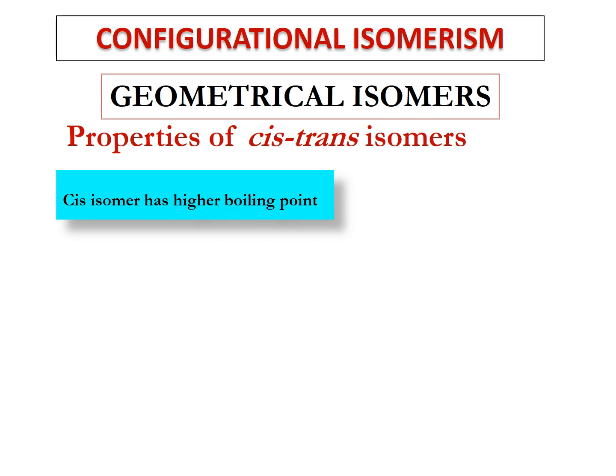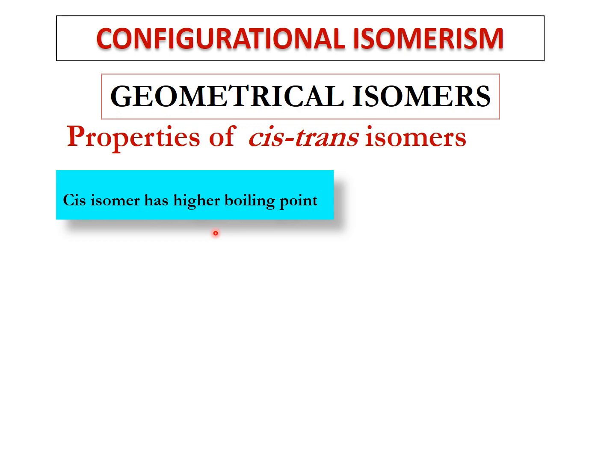Cis isomer has a relatively higher polarity as compared to that of the trans isomer, because as you saw in the previous example, the CH3 groups were on the same side, so the dipole moment is enhancing, the same for the CH3 group, so it is being enhanced, and so the dipole moment is higher, the polarity is higher, and that is why the dipole-dipole interactions are higher, which makes it harder for the cis isomer of any molecule to boil.